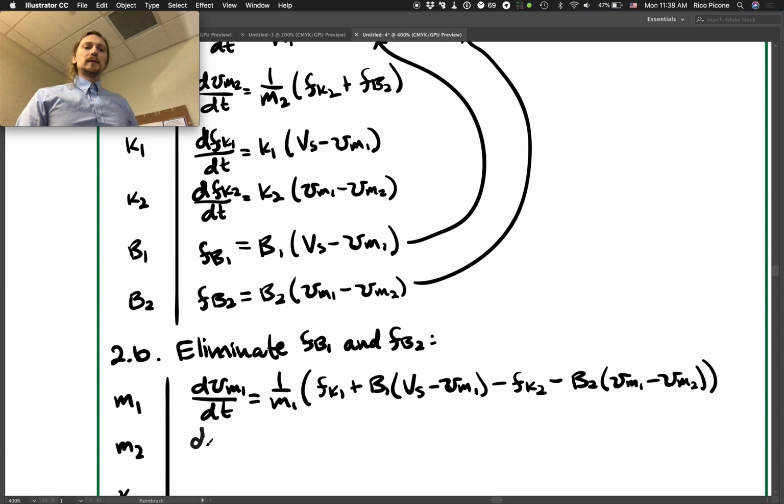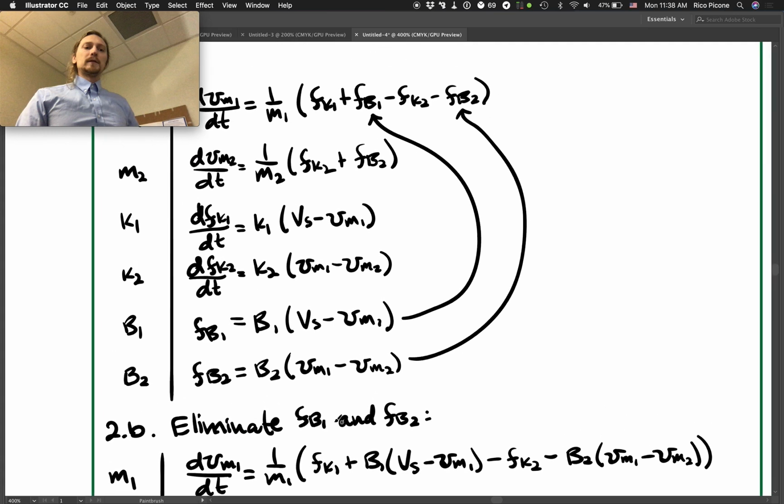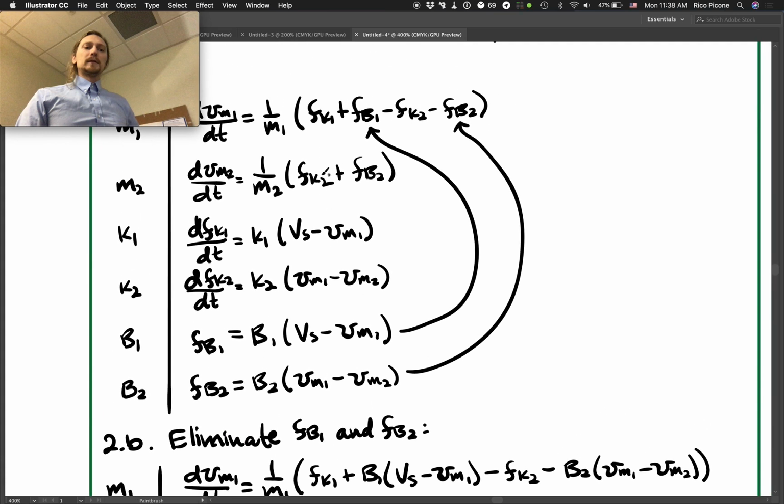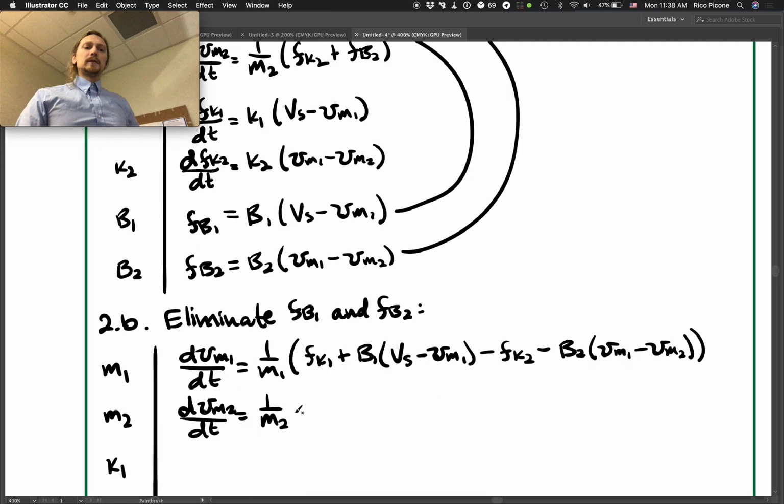We could simplify, but we're going to write it in standard form anyway, so we might as well just do it when we write it in standard form. Kind of a long equation to keep rewriting. So dVm2 is 1 over M2 times Fk2 plus Fb2. Fk2 is still a state variable, right?